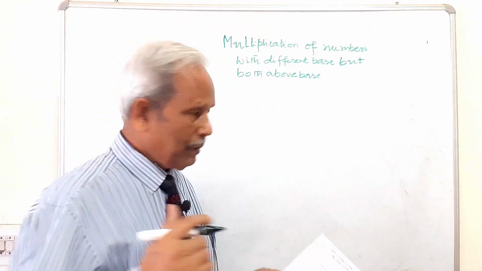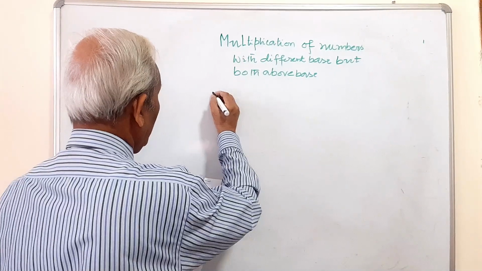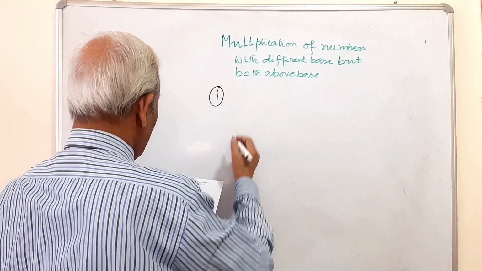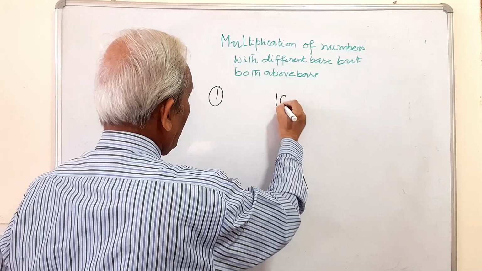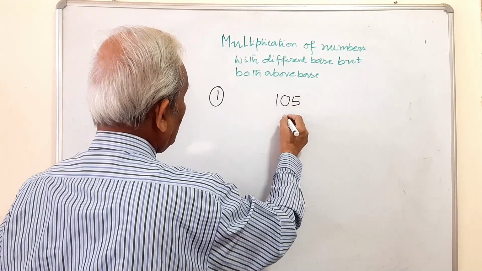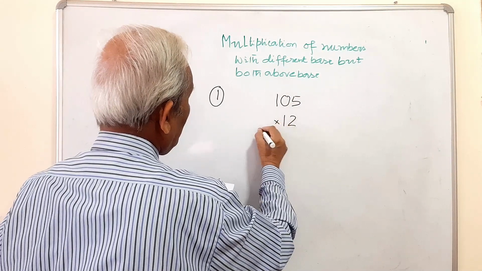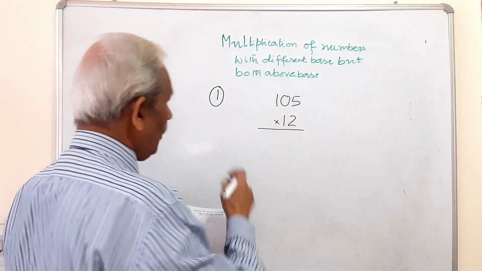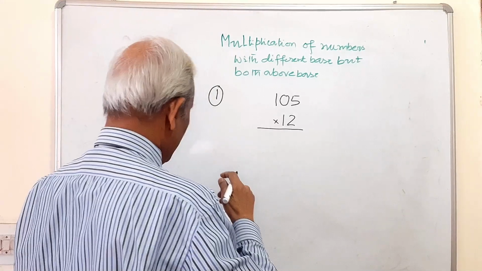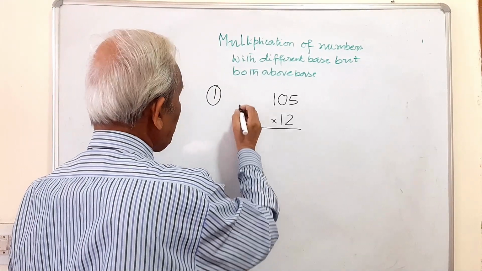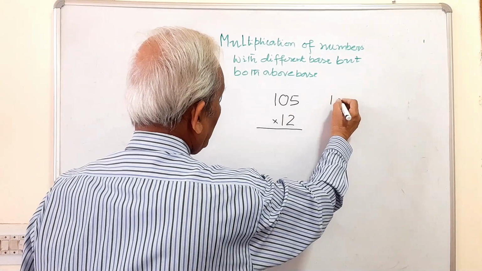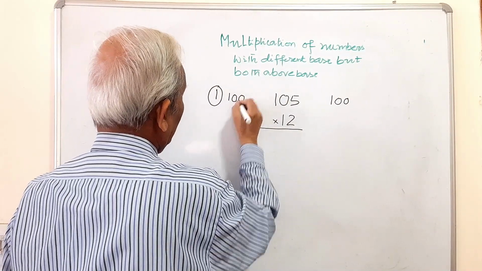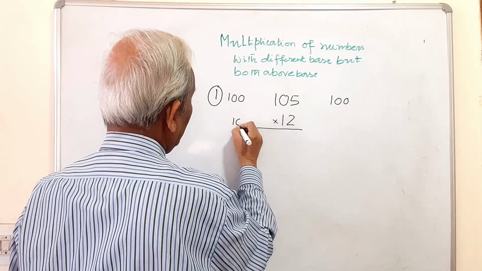Please do follow my example. Question number 1. 105 multiplied by 12. 105 multiplied by 12. Well, here the base is how much? 100. I'll write here this side 100, and here the base is 10.